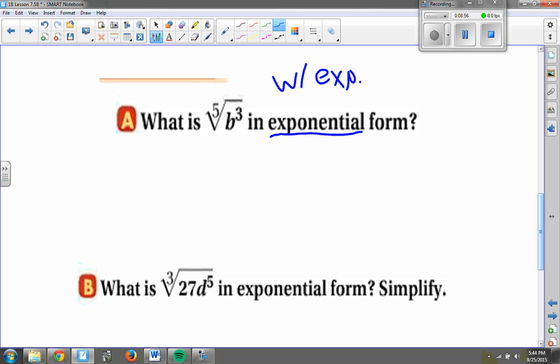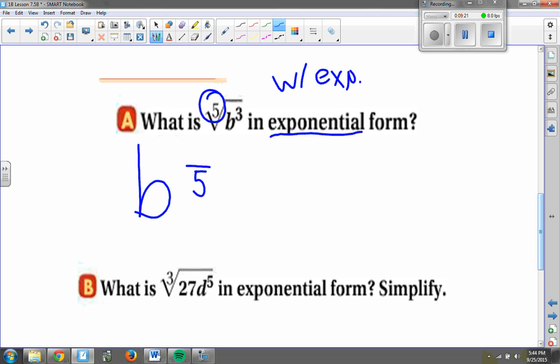Okay? Now again, going back to our last slide and all of my circling things, hopefully we know by now that the index of my radical eventually is going to be the denominator of a fraction. That's going to end up in my exponent. Right? So I know that already. It's going to be something over 5 because I see the 5th root there. Okay? I know that I'm still going to be dealing with this giant b.